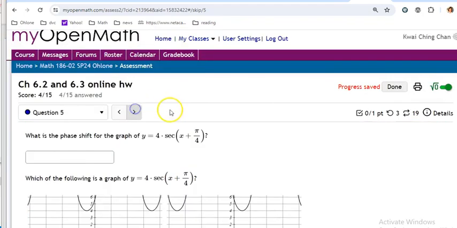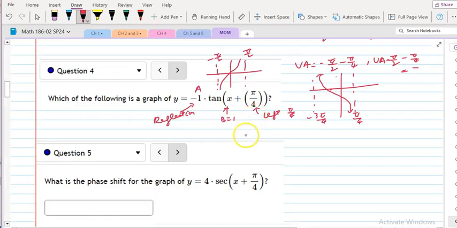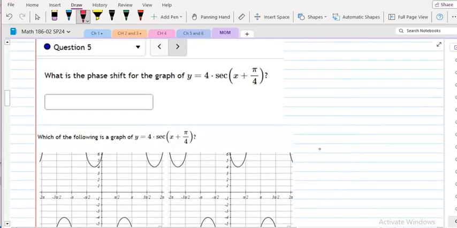Yes. Question 4: what is the phase shift? Phase shift is whatever you subtract or add from x, and it is C over B. In our case, B is 1 because I don't see any B. C is equal to, it needs to be negative, but now is positive.